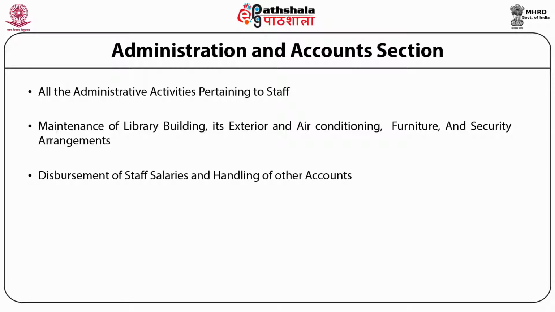However, only independent libraries have an administration and accounts section. In libraries attached to other institutions, such as academic libraries or libraries attached to R&D institutions, these functions are performed by the administration and accounts section of the parent institution.